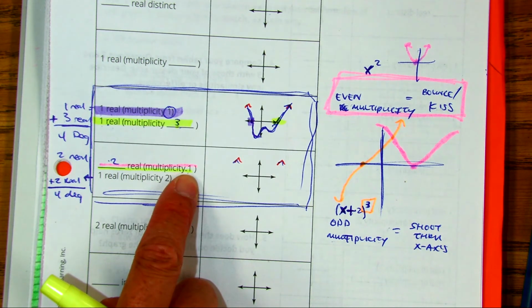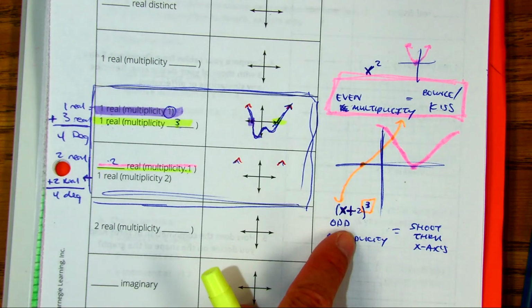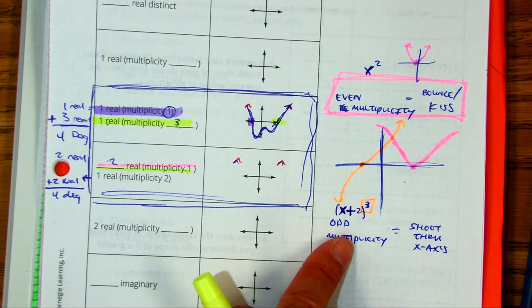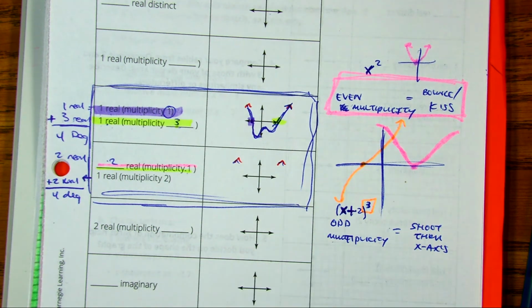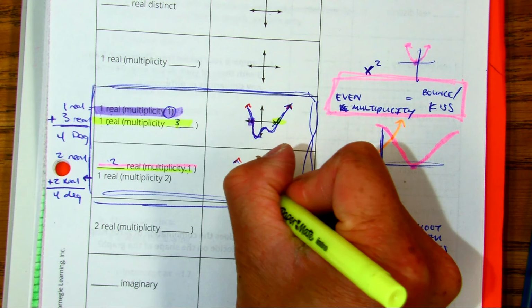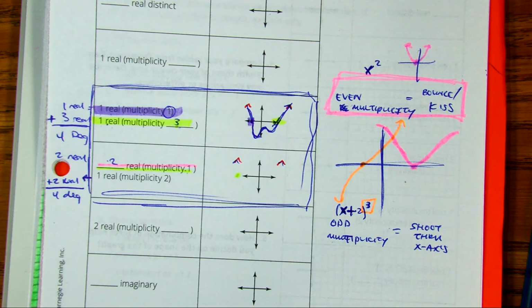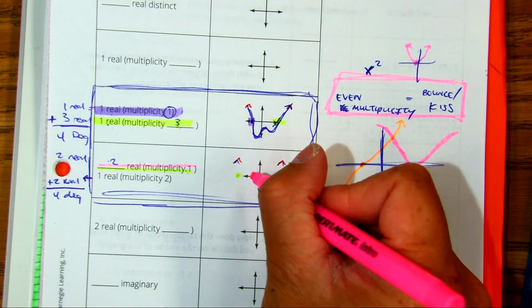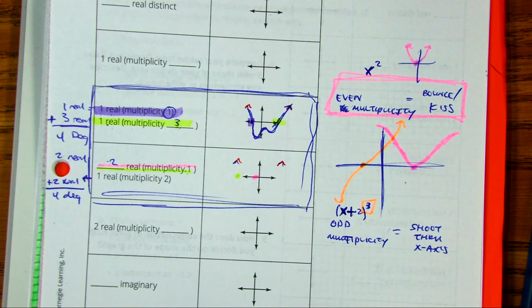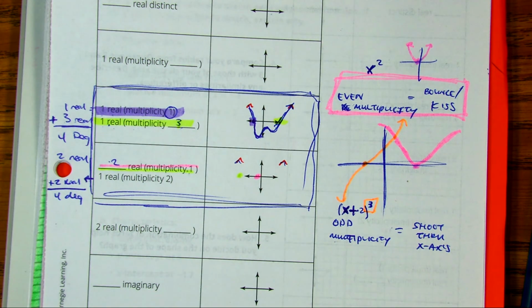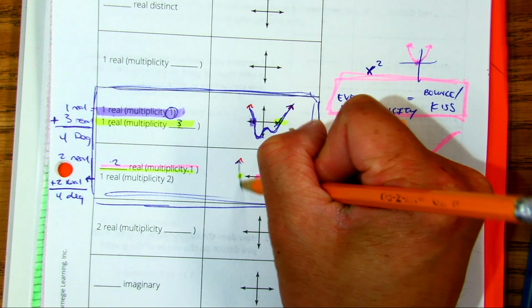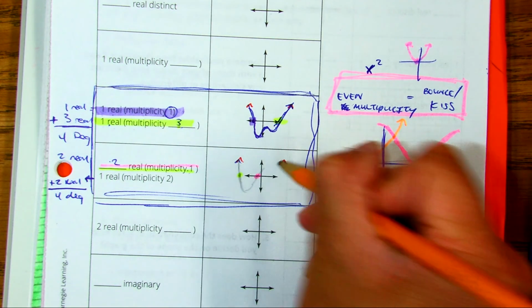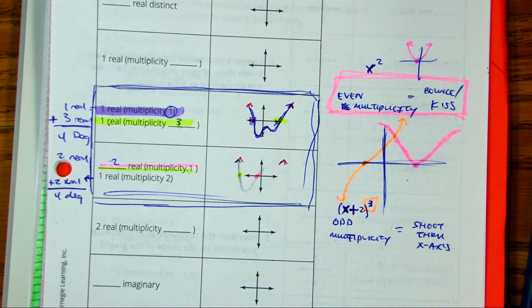Odd or even? It's an odd, right? So what do we do? Shoot through. So both of those, you just have to shoot through at these points. Let's see if we can sketch it. Okay, look. Shoot through. Shoot through. And then we have this one here.